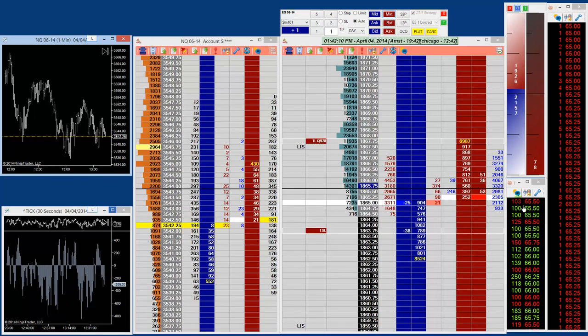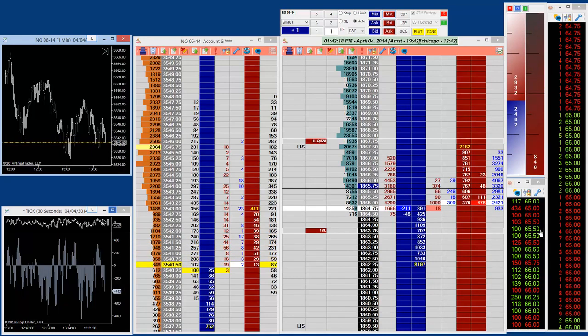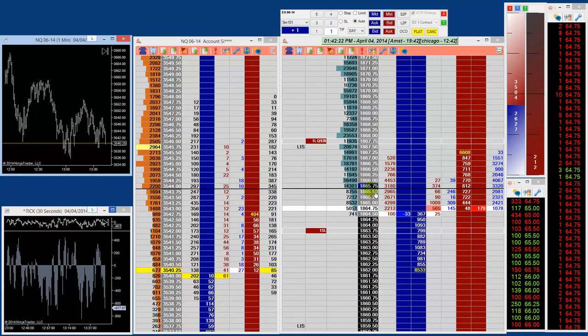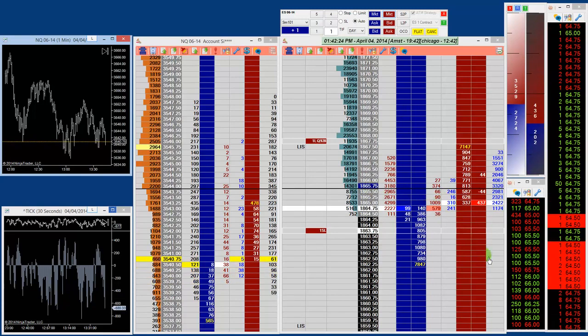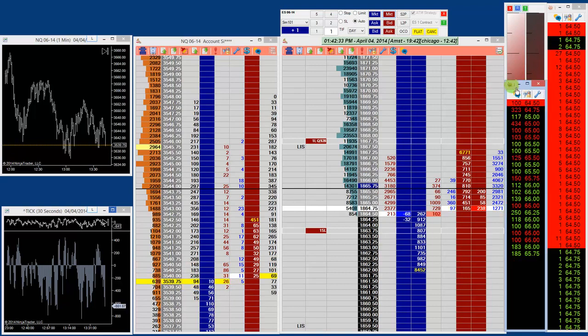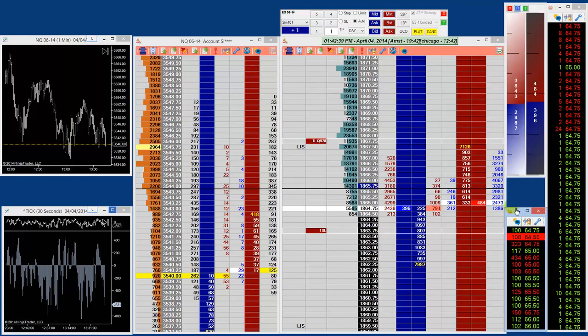So let's just have a look at the size now. We can see 65.75, 66, 66.25, 66 again, 65.50, 65.50. All of that buying there, and look at where the price is. We had all those large buy orders all the way up to 66.25, and they didn't get any price progression.